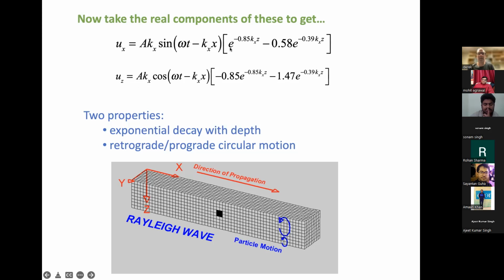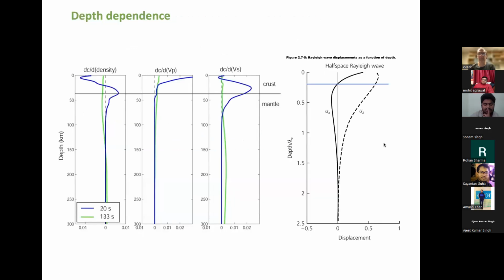U sub x also goes down with increasing depth. We have then exponential decay with depth, and we have retrograde motion near the surface, which is this backward directed motion. And then we have prograde motion at greater depths.